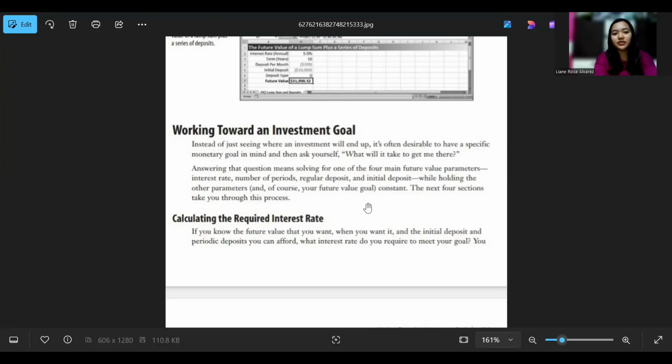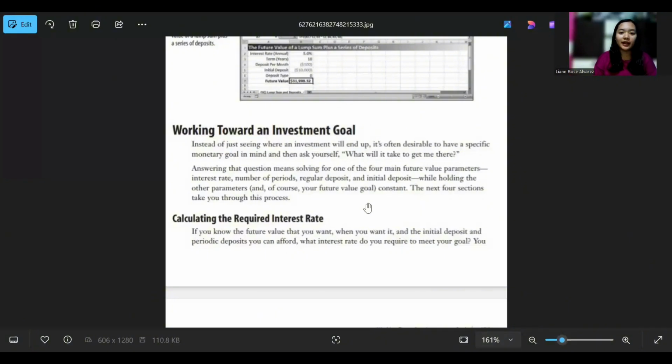So this lesson emphasizes the importance of setting a clear financial target when investing, rather than simply watching the investment grow. To achieve this goal, we need to focus on the four main future value parameters, the key factors that determine how much the investment will be worth at a certain period.